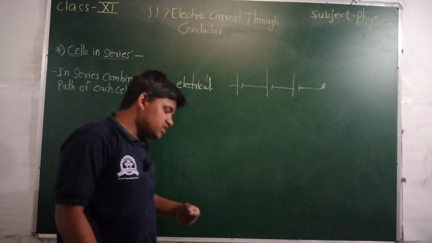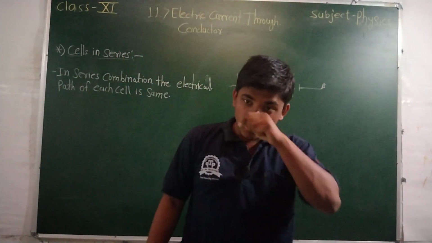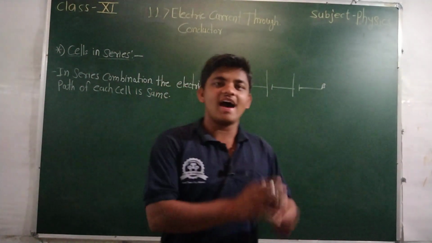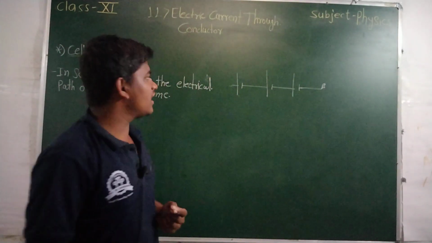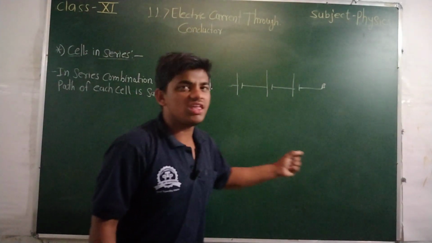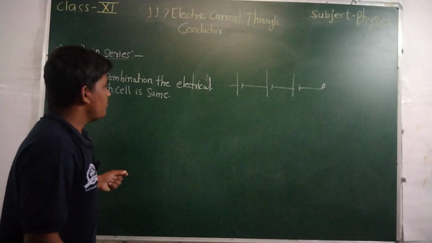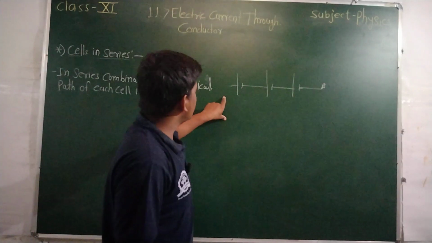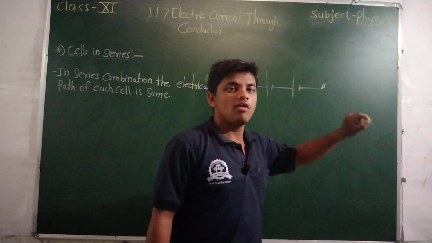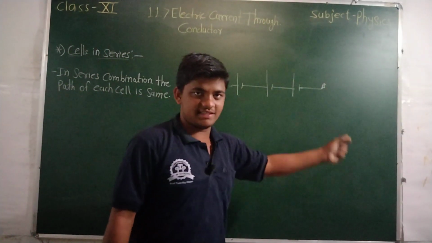In that lecture we discussed the electrical current. When a number of resistances are connected in series combination, the electrical current will be the same for each resistance. As in this form, the electrical current is the same for each cell.